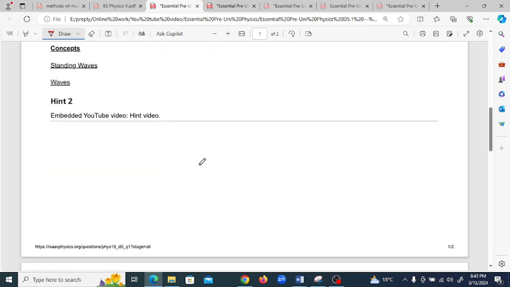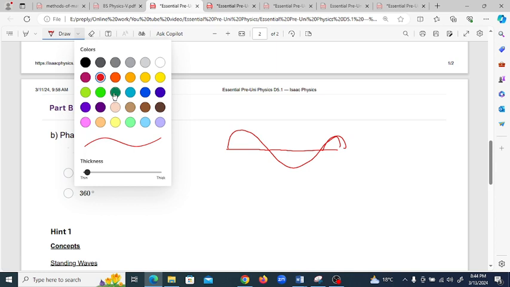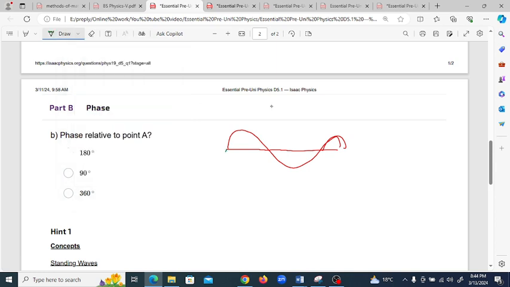Okay, now for part B, we have to find the phase relationship compared to point A. So I made the diagram again. For example, we have a stationary wave pattern just like that, and another wave going in this way, and another wave going in this way. Now this is a stationary wave.